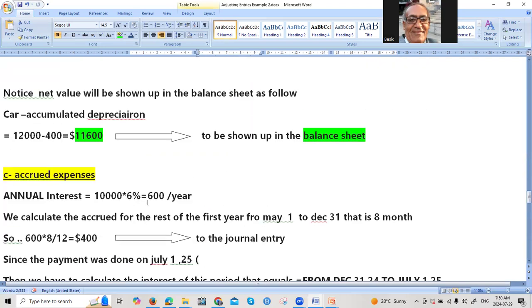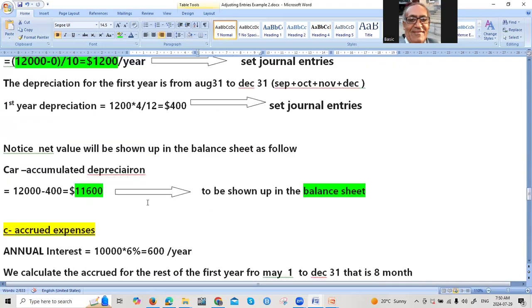Like we said, the main thing is that we record what belongs to the year. We record the whole transaction, of course, but then we record in the journal entries what belongs to the rest of the year. If it is for a full year, that's fine, but sometimes you do the transaction in the middle of the year, before the end of the year. So you want to calculate the portion of the year only, how much it is. Then you do journal entries for this part of the transaction.